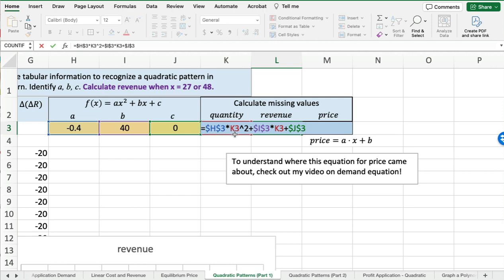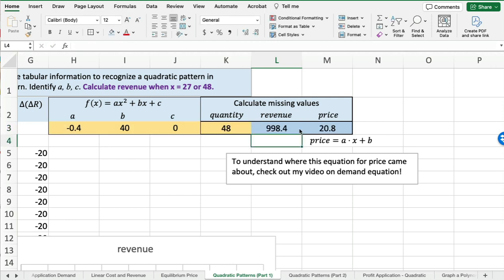So that is your ax squared plus bx plus c. Hit enter. And I'm not going to go over the price calculation, but that's just equal to little a times x plus little b. So just so you know.